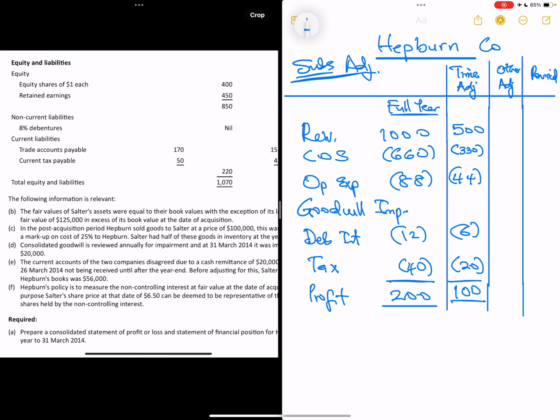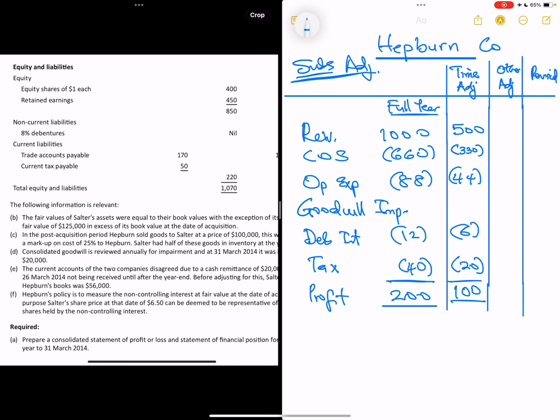However, in note C, Hepburn sold goods, so it doesn't affect this financial statement. There's no adjustment on revenue or cost of sales that we need to make because it was not Salter that sold. This is Salter that we are looking at, the subsidiary. Remember, we are looking at Salter's adjustment. We will also adjust the parent after this.